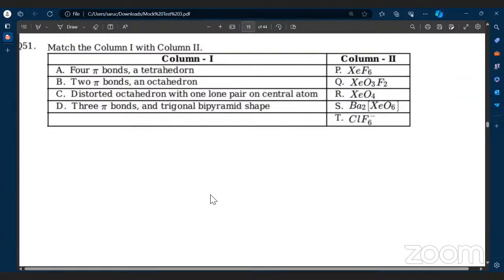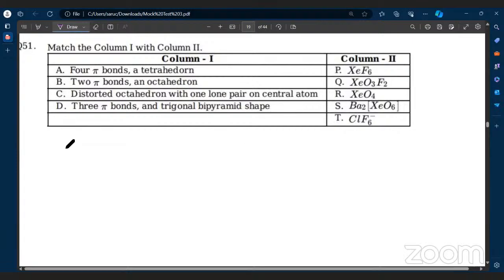You have to match them. Like more than one match can also be true over here. So first, what you have to do is draw the structure for all of the 1, 2, 3, 4, 5 given, and then match them with these.